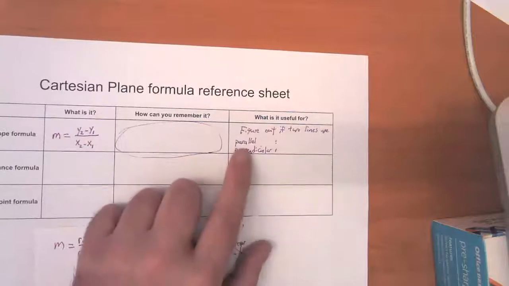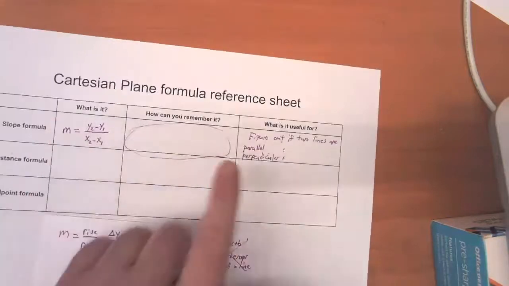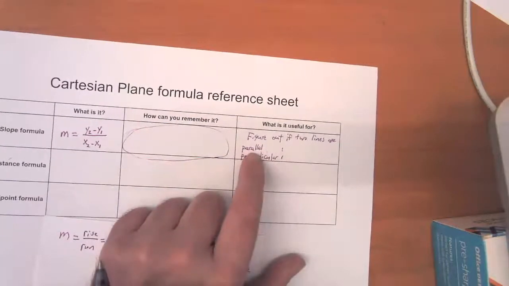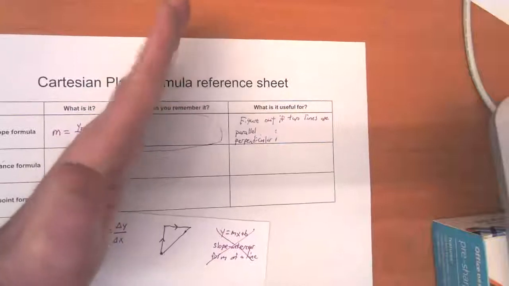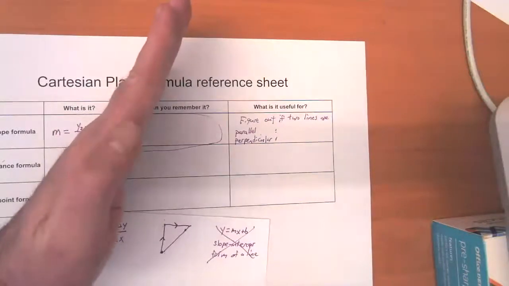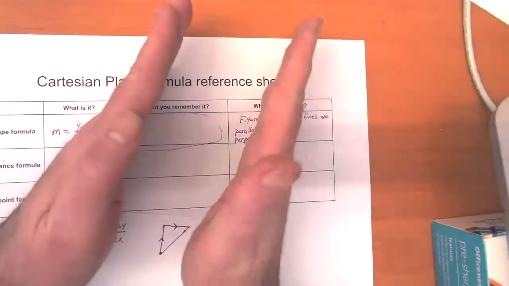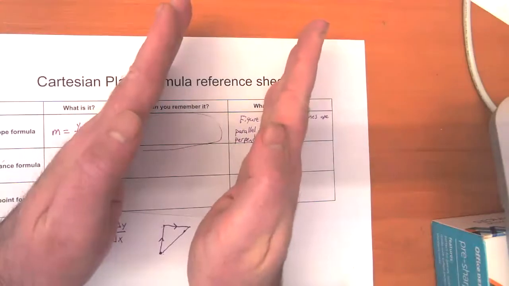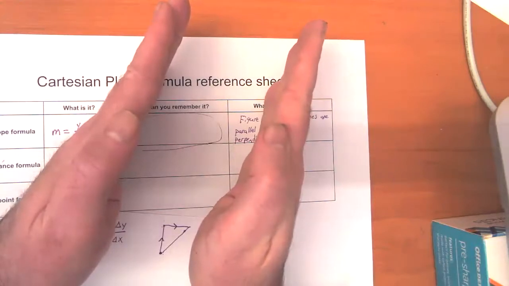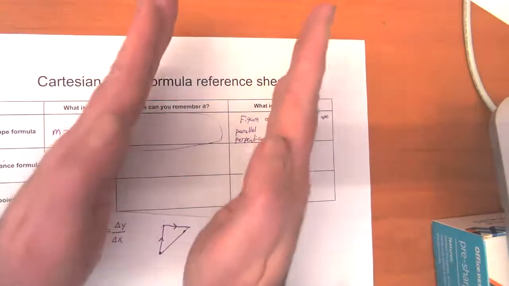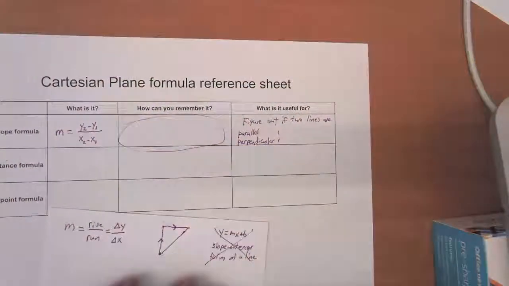Okay? What was the rule? If you knew the slope of two lines, how could you tell if they were parallel? Another way of thinking about it is if I gave you a line like this and told you that its slope was 2, and then I gave you a parallel line, what would the slope of that parallel line be? Well, it would also be 2, right? Because these two lines are going in the same direction. They're both equally steep.